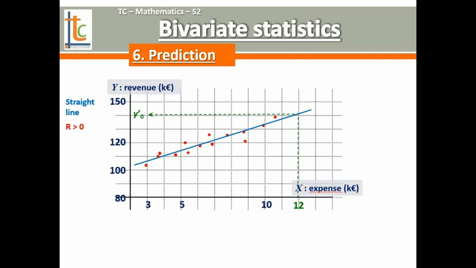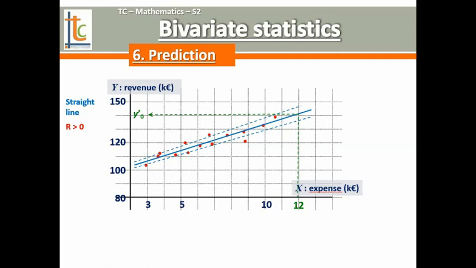So let's take our y prime 0 as a central value of a prediction, and let's take into account the average distance of the points around the line, again by means of two dotted lines. In this model, we must consider that the more x and y increase, the greater the possible variability around the line.